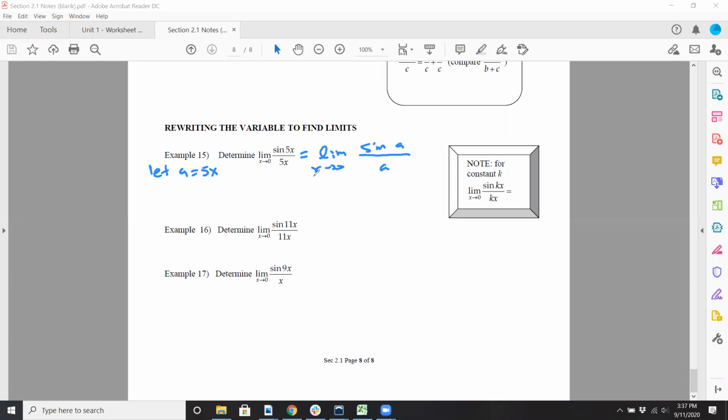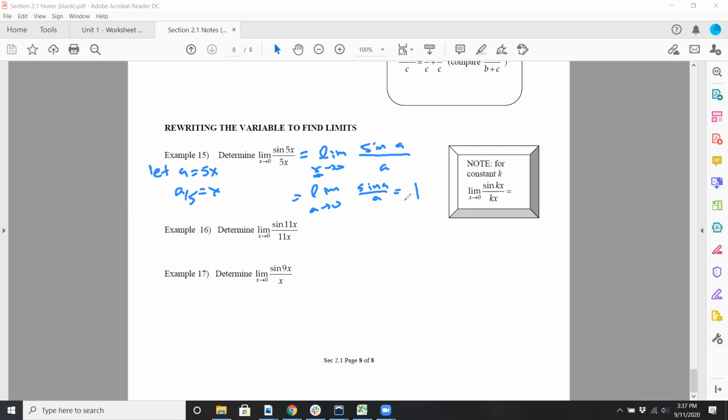Of course, that's a problem. x, of course, is a over 5. So you could just say, hey, I'm taking the limit as a approaches 0, because it's going to be kind of the same thing. And that's still going to be 1.